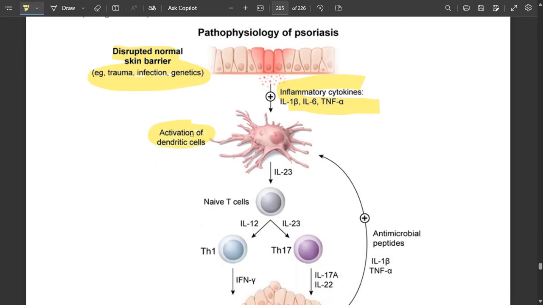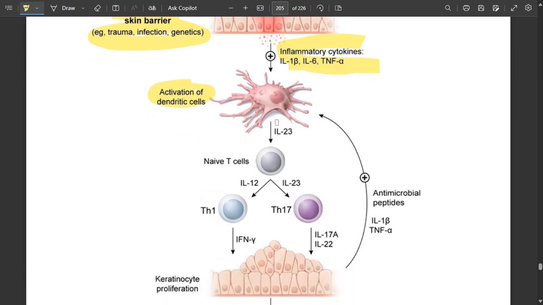So the disrupted skin barrier occurs first, then dendritic cells are recruited and activated, then interleukin 12 and interleukin 23 are synthesized.